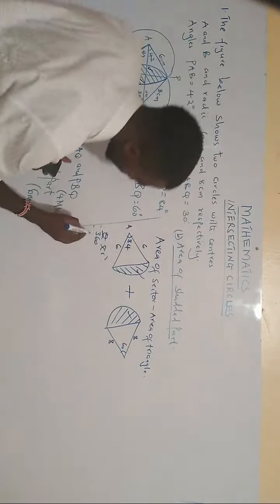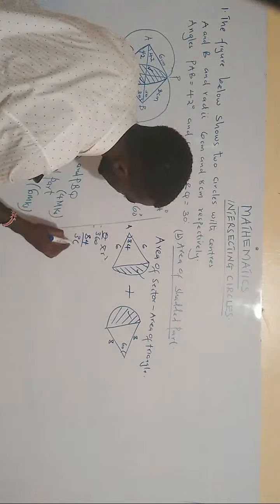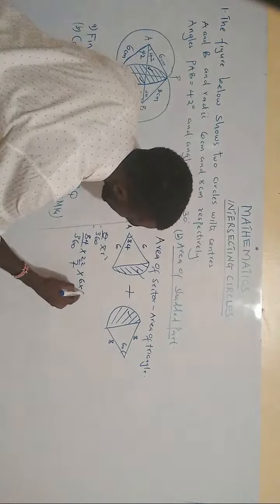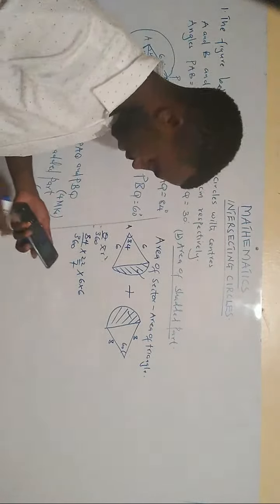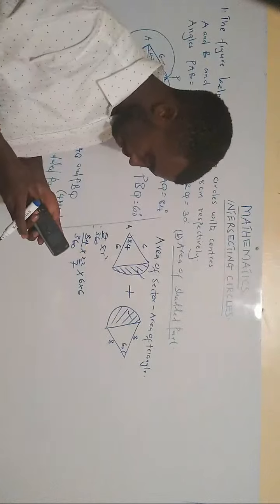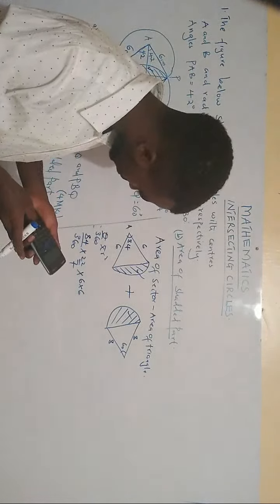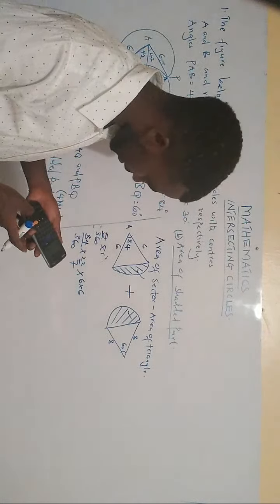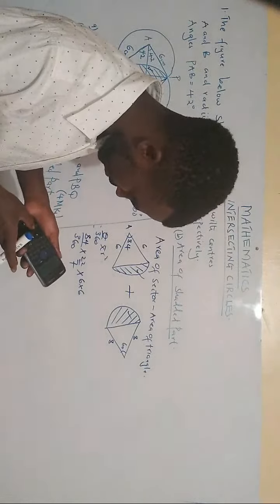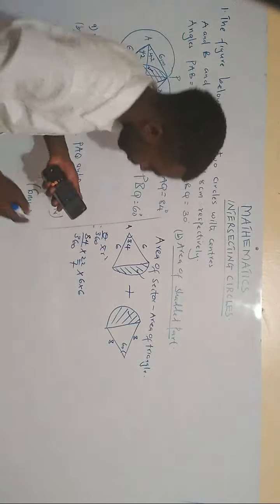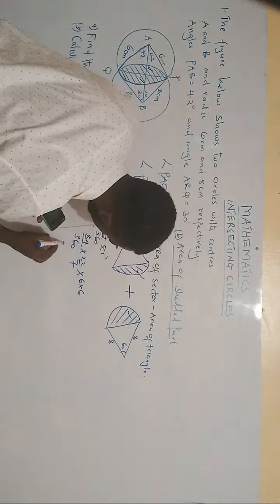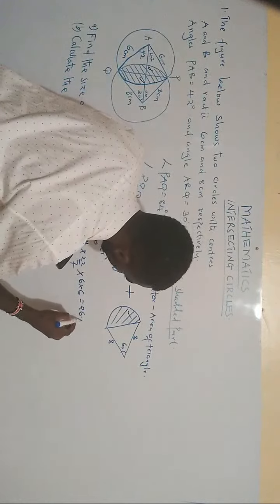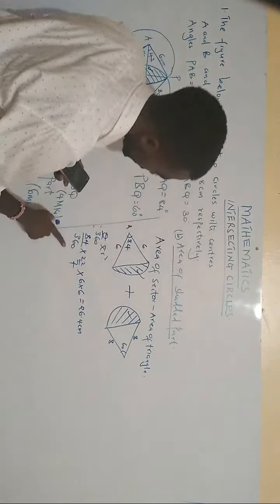So this is 84 out of 360 multiplied by 22 over 7 multiplied by 6 multiplied by 6. So the area of that will be 84 multiplied by 22 multiplied by 36, divided by 2520, which will be 26.4 centimeters squared.